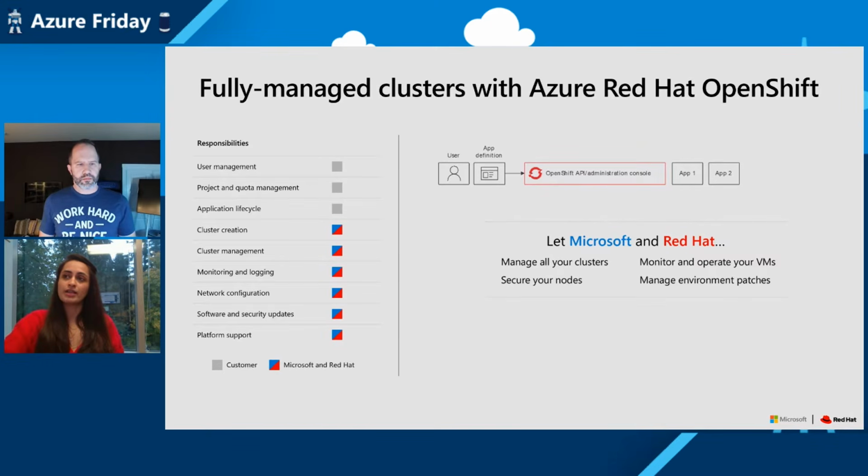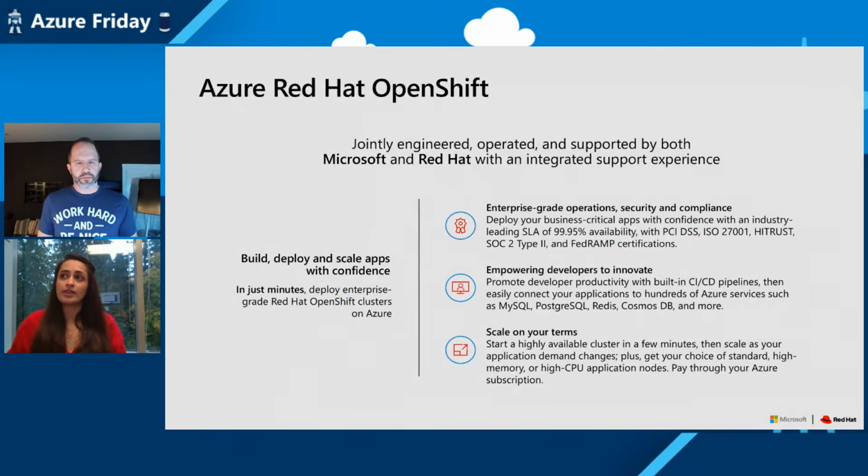And this product is, as I said, jointly offered. That means we engineer together, we provide support together, and we innovate and develop together. And if you see this as an enterprise-grade operation, what I want to say here is that this is a secure by default offering of OpenShift in the cloud. So this is the best secure platform for OpenShift in the cloud.